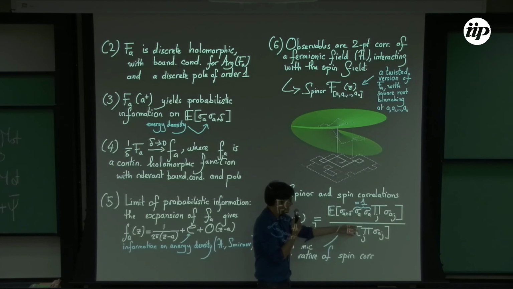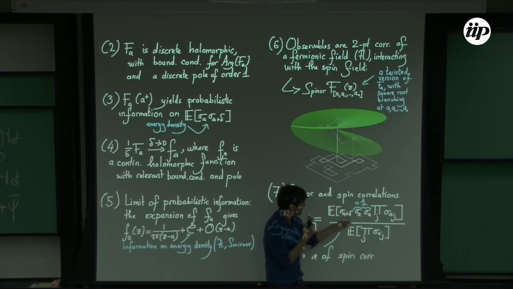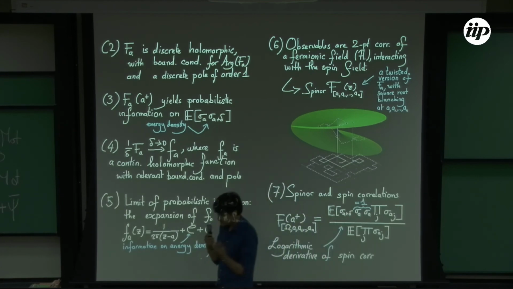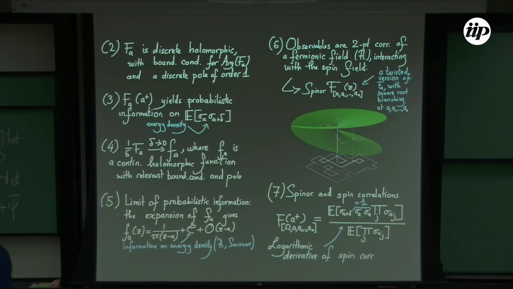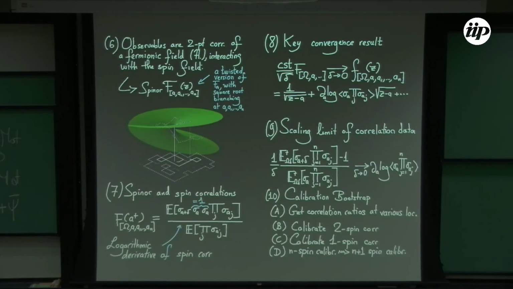So you don't directly get the spin correlations, but you're able to compare spin correlations at just slightly different locations. So bootstrapping from this information, which you can compute explicitly again, you're able to build more and more data, to pass more and more data to the scaling limit.